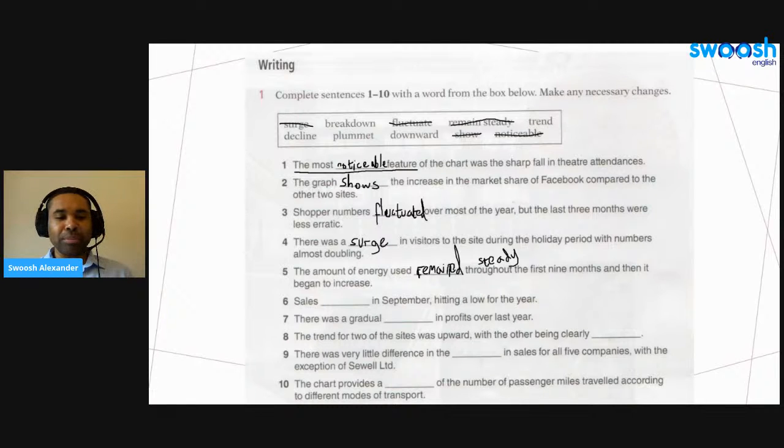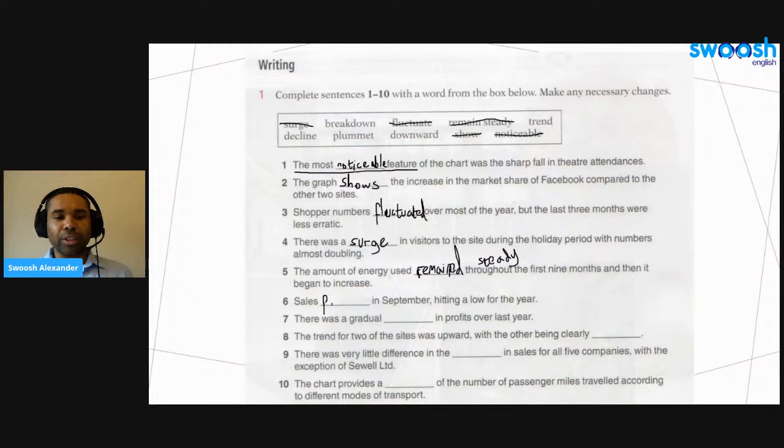So moving on to number 6. What do we think here? So Jayshree suggesting plummet. Plummet is a very good word. Obviously, we're talking about a significant decrease, and I agree.